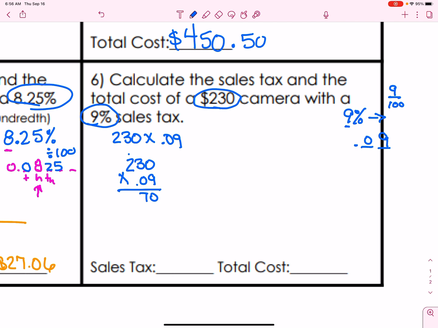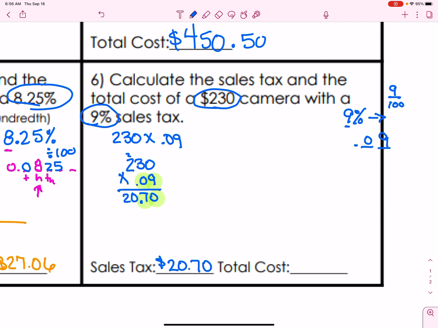Carry that 2. 9 times 2 is 18, 19, 20. And we have 2 digits behind the decimal in the problem. So 2 digits behind the decimal in the solution. And there's our answer. So our sales tax on this camera is $20.70.